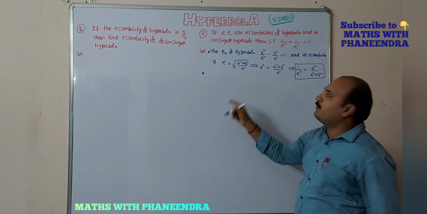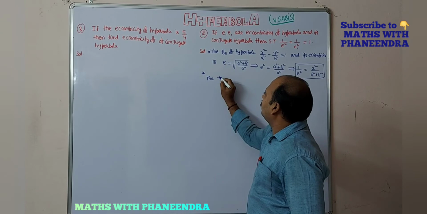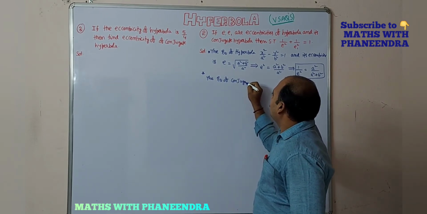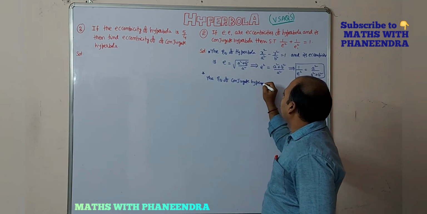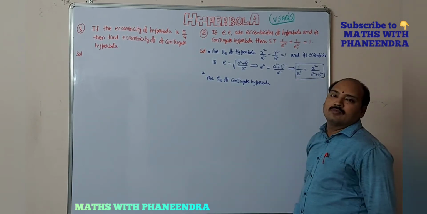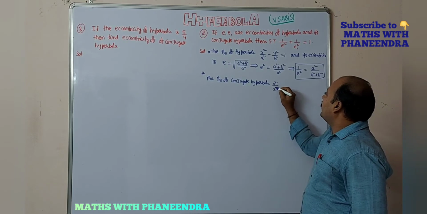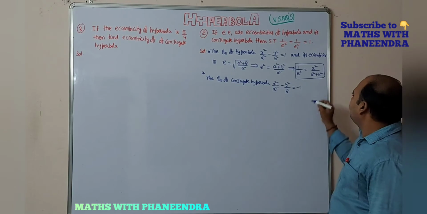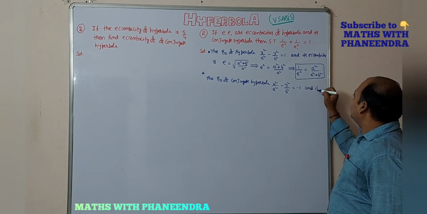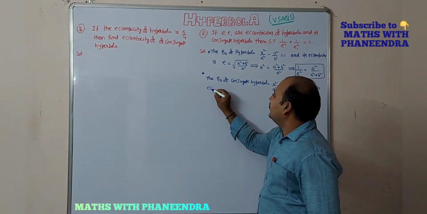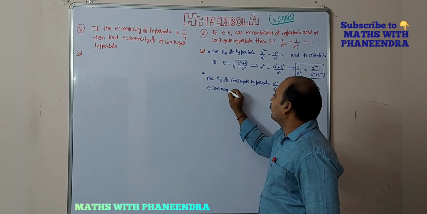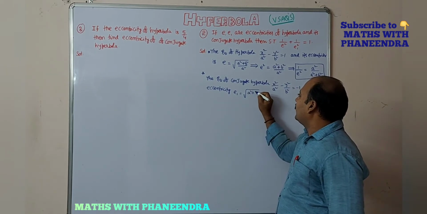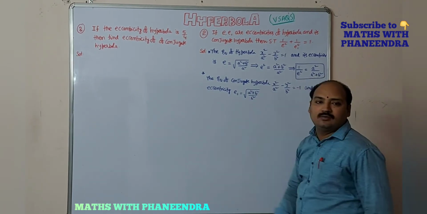Now come to the second step. The equation of the conjugate hyperbola is x square by a square minus y square by b square equal to minus 1, and its eccentricity E1 is equal to root over a square plus b square by b square.